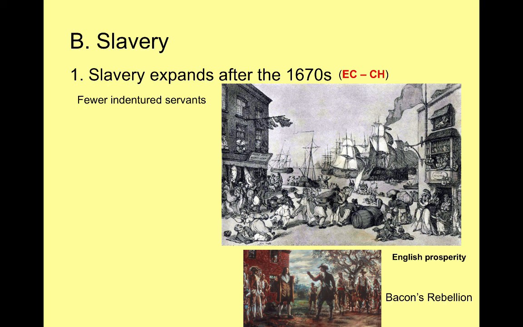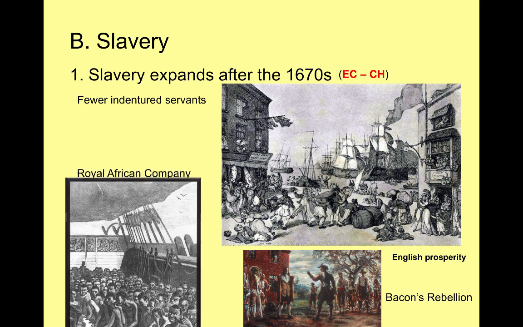And when that happens, the pool of potential desperate poor white people willing to risk their lives and become an indentured servant and come to America dries up. They figure, why should I risk my life if there are jobs here in England? And so another reason slavery starts to supplant indentured servitude in America is because in England the economy gets better and the pool of indentured servants shrinks.